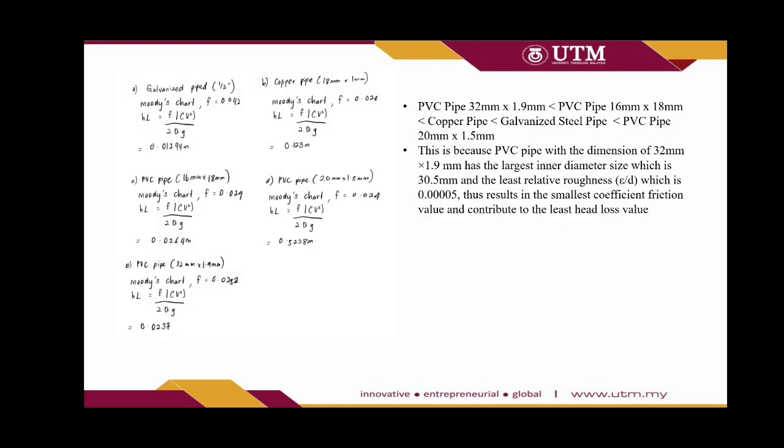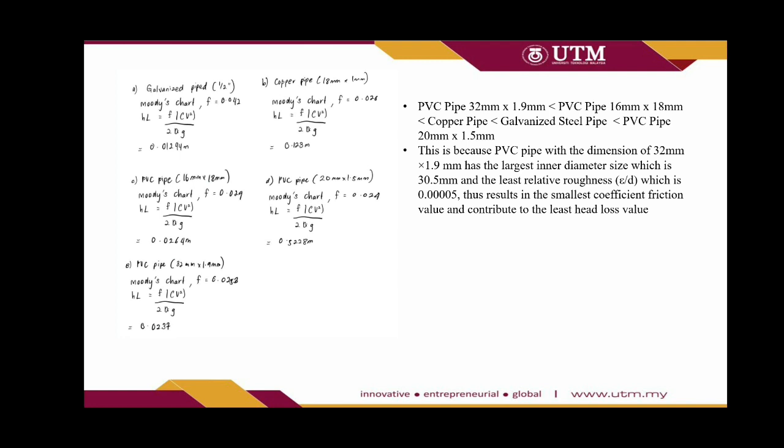Okay, using the formula, head loss is equal to F times L times V squared over 2 times internal diameter times gravitational acceleration. For the galvanized pipe, we get a head loss of 0.01294 meter. And for the copper pipe, we get 0.123 meter.